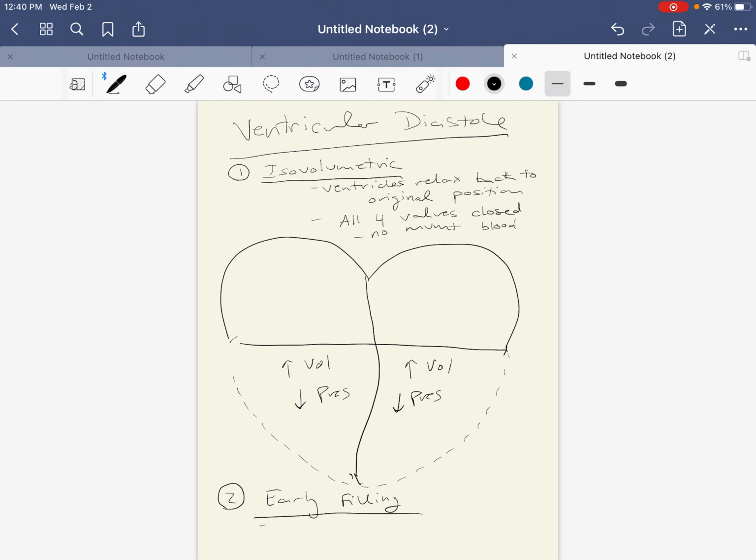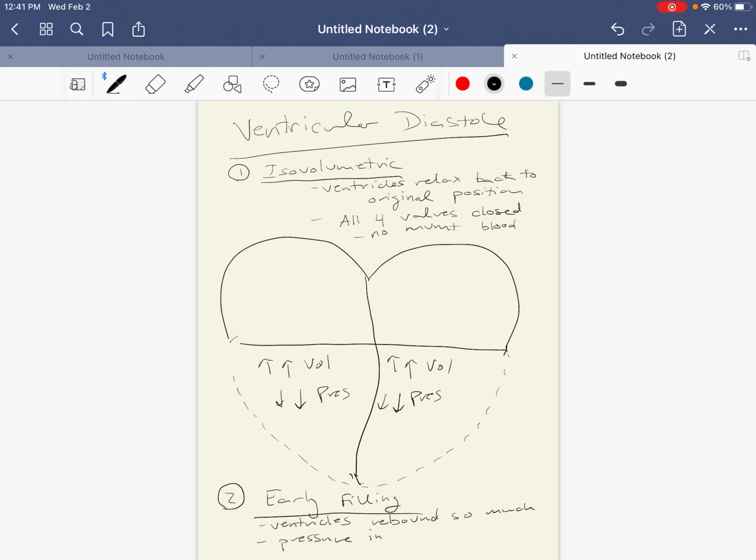This is when the ventricles rebound so much that they become even larger, and that causes a really great increase in volume. The volumes have become so big, which means the pressures are now so low.